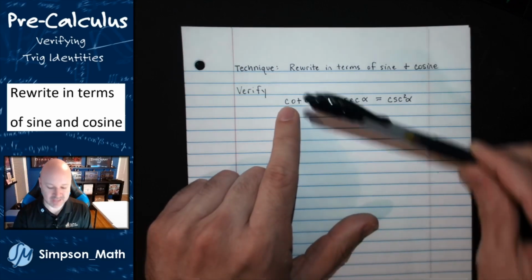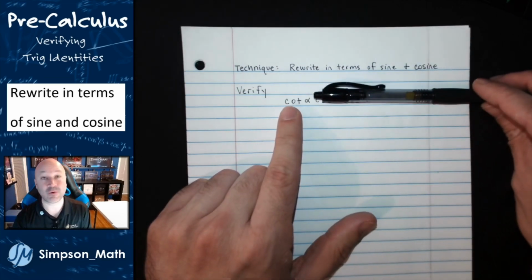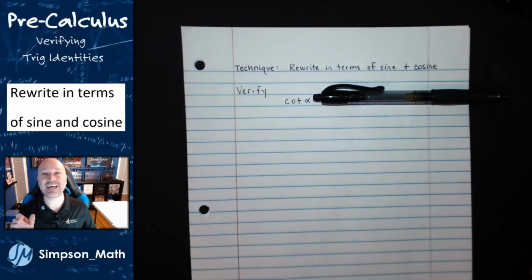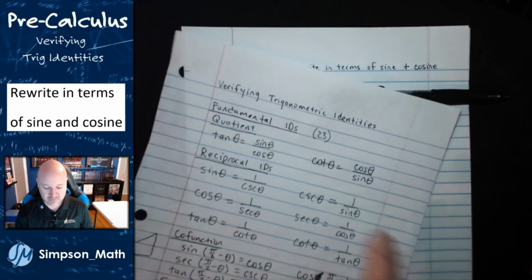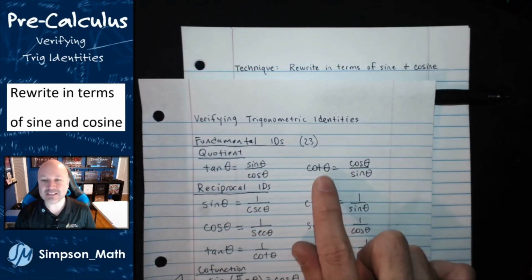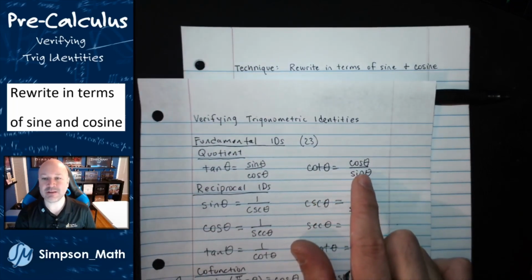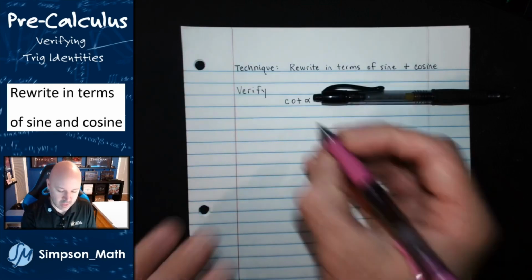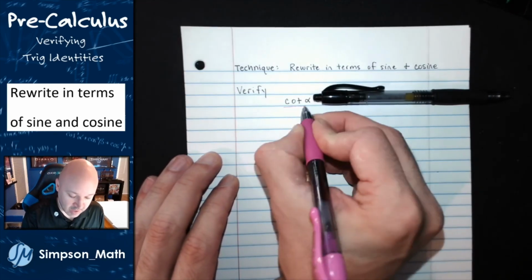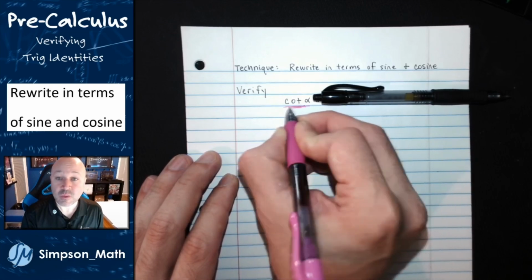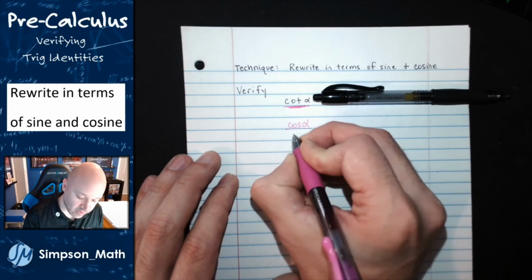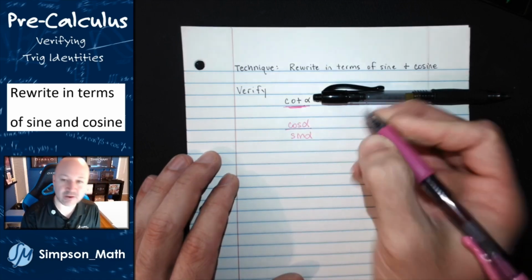So that's what I'm going to do. When I see cotangent, I don't see a cotangent function. I see a cosine in the numerator position and a sine in the denominator position. Go back to the identity list. Cotangent can be rewritten as cosine over sine, the building blocks. I'll use color to help me get my point across. Cotangent is cosine alpha over sine alpha.